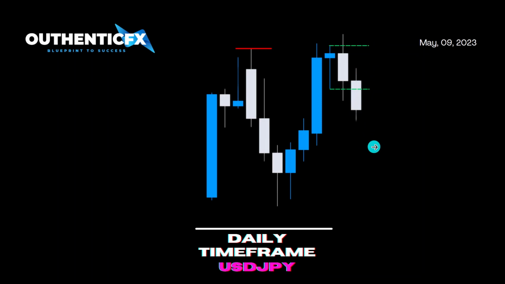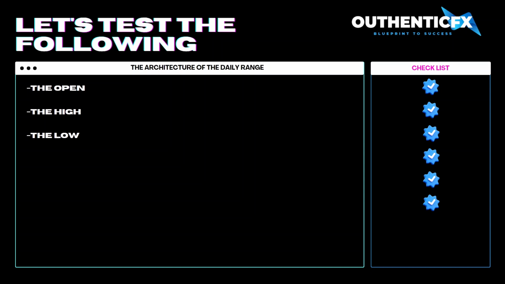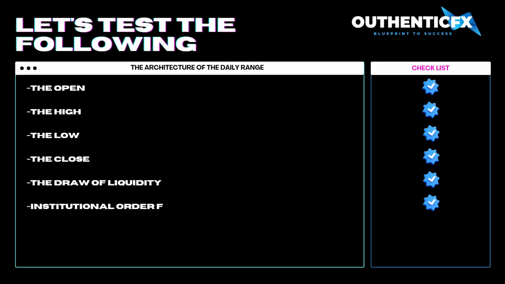So this is basically how you mark up the daily bias and follow through from the weekly to the daily time frame, guys. You identify the following. So let's have our checklist in order so that you guys can use this in other pairs and other indices and commodities that you do trade.